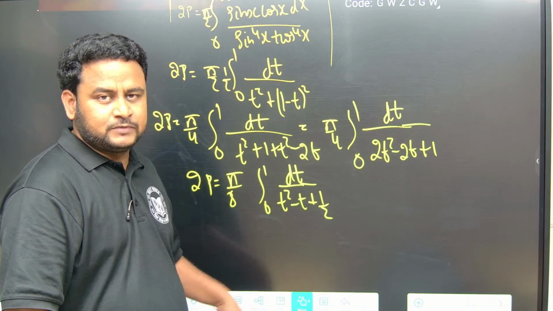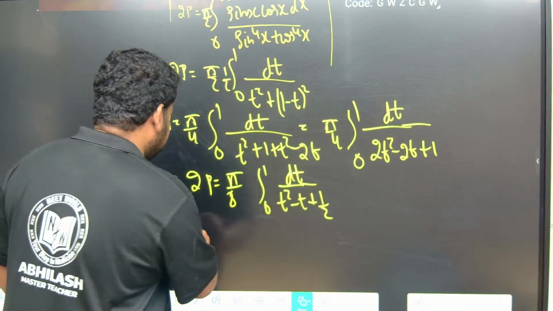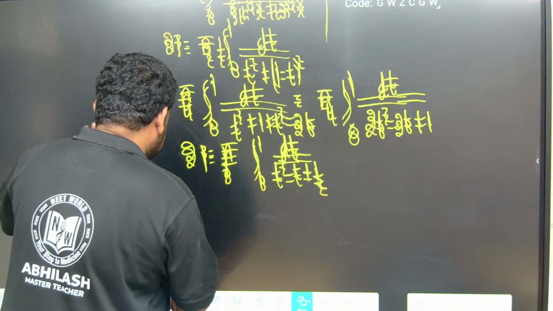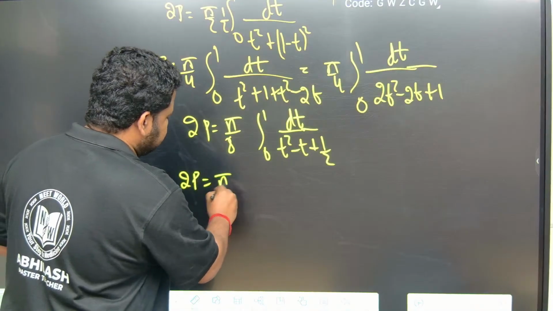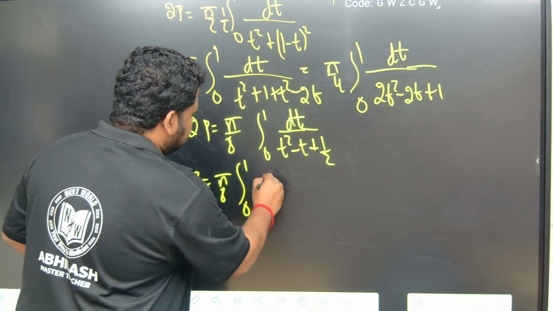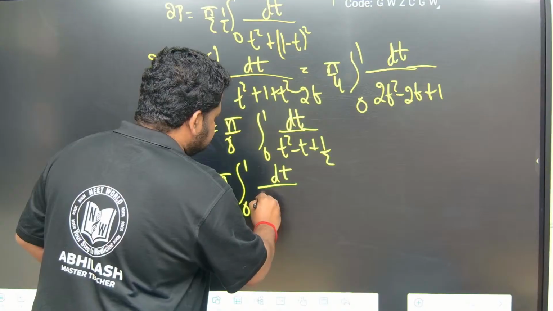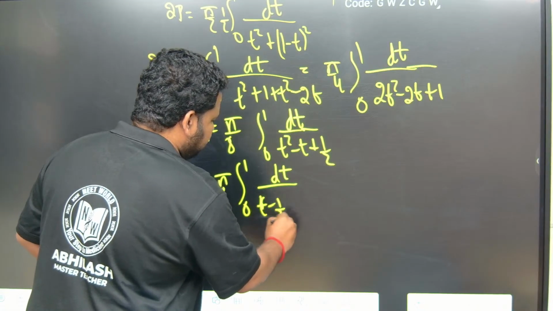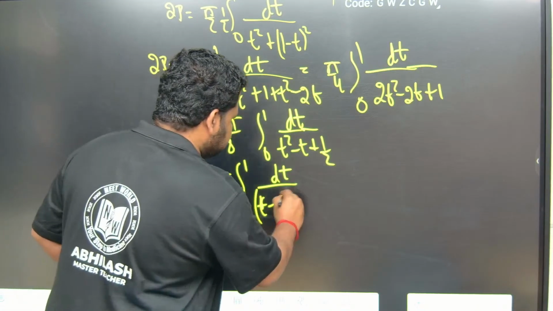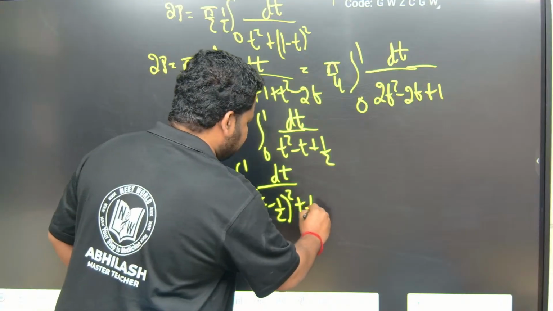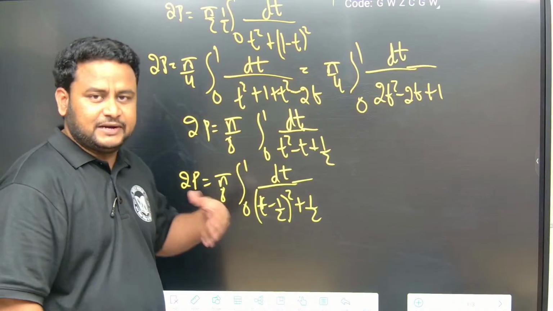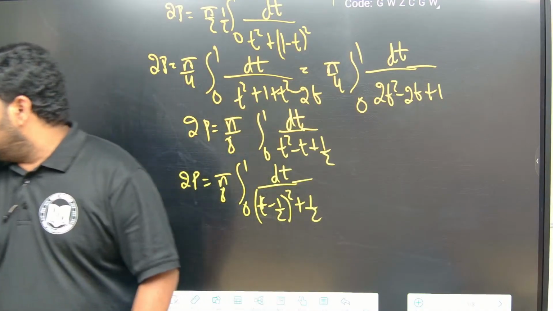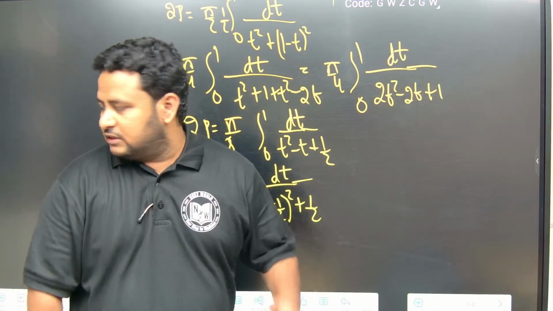This gives me 2p is equal to pi by 8 into the integral from 0 to 1 of dt by (t minus 1 by 2) whole square plus 1 by 2. Directly I am writing it this time. Anyway, you would have done this completing the square method for your boards as well.